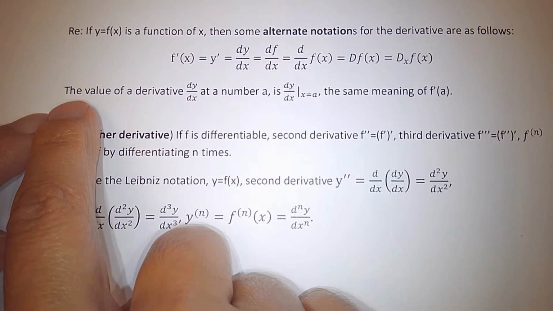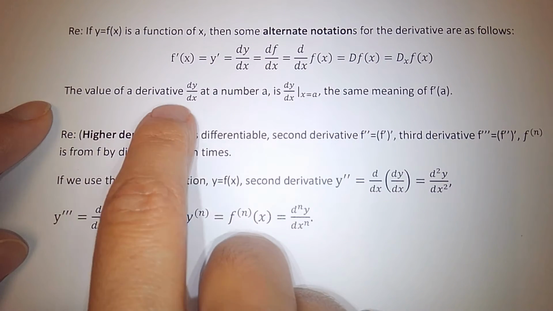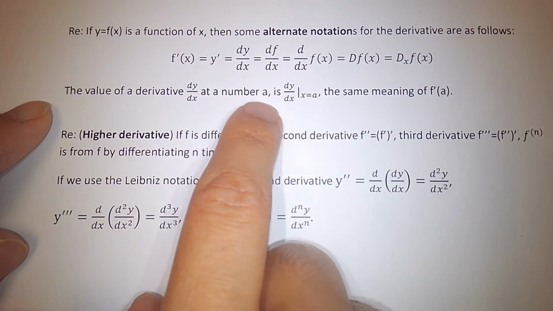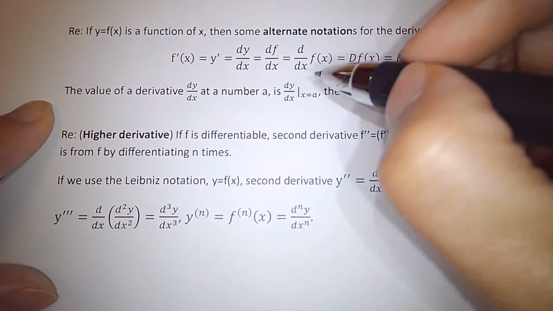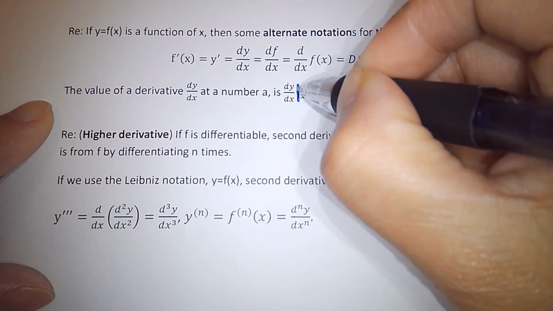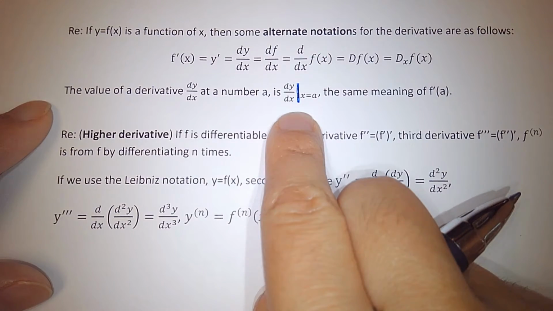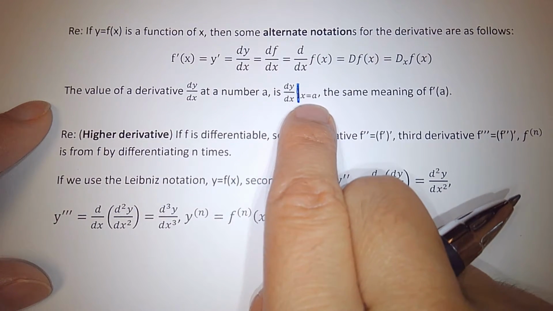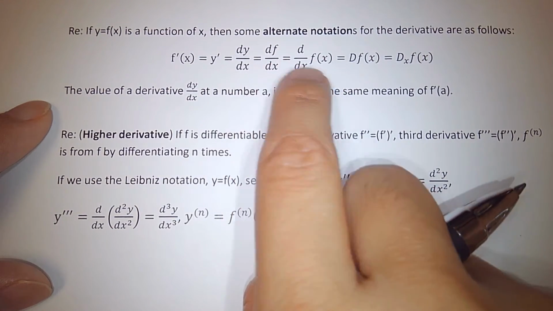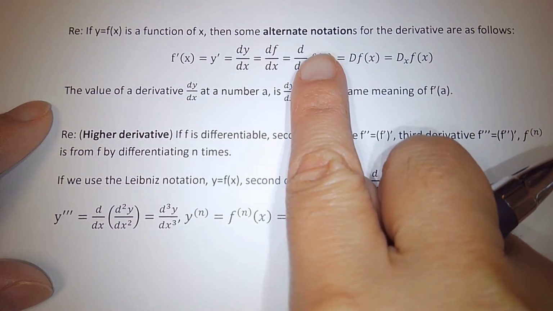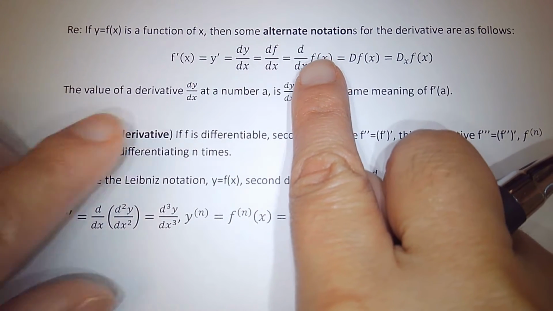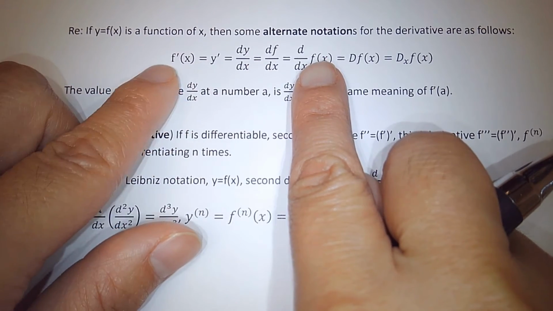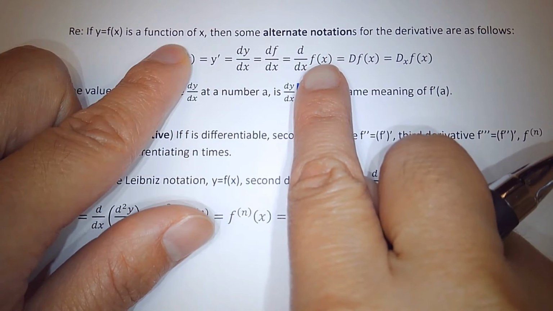And then for the value of a derivative at number a, usually we use a vertical line, saying at x equals a. This gives us the value, because dy dx only gives us what? A function of x, because f prime of x gives us a function of x.